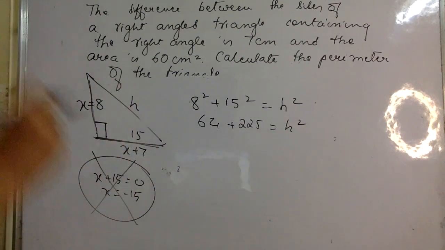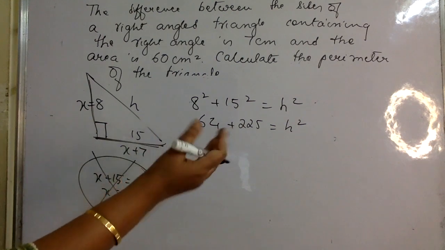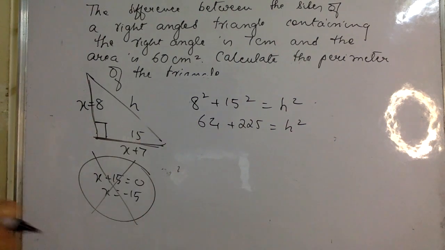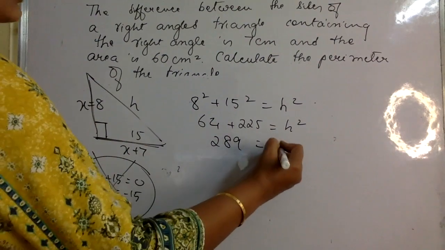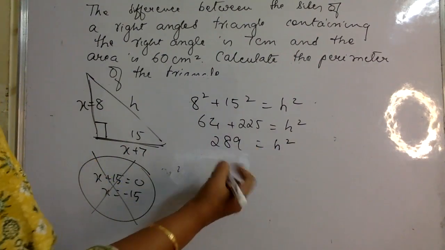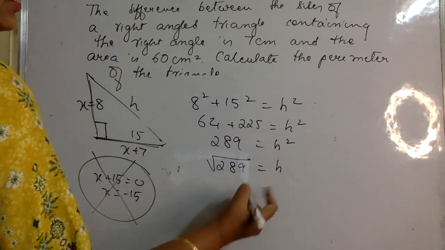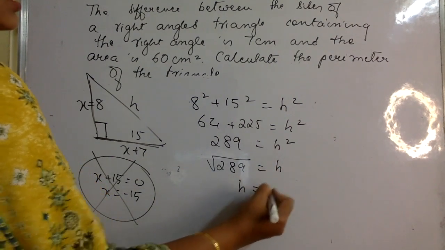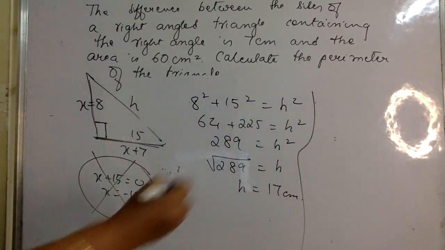As you keep practicing more, you start learning these squares. Now that comes to 289 is h square. 289 is the square of 17. So h is equal to 17 centimeters. Let me find the perimeter now.